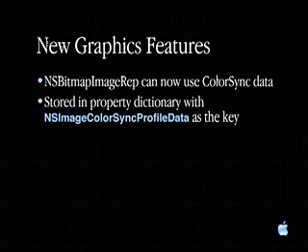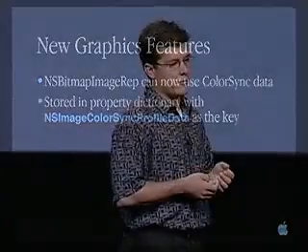One piece of information that can now be attached to it is this ColorSync information. The ColorSync information is simply an NSData object, and the key that you use to attach it is NSImageColorSyncProfileData. If you look at the NSBitmapImageRep documentation, you'll see that there's this business about properties that can be associated with the BitmapImageRep.